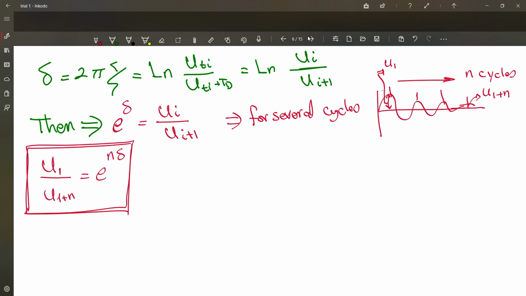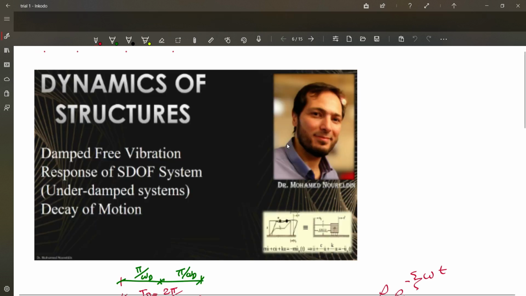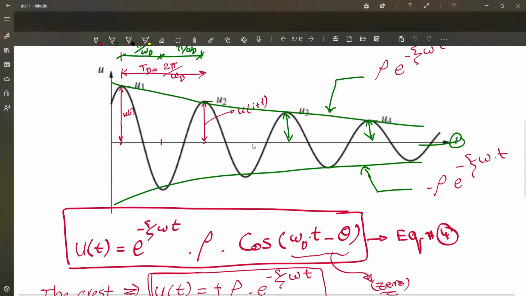The decrement that we are having is going to be exponential, and we can obtain the ratio between one point and the other. If we go back here, that's the point. We want to get the ratio between this amplitude and this amplitude, or the first amplitude and the last amplitude.